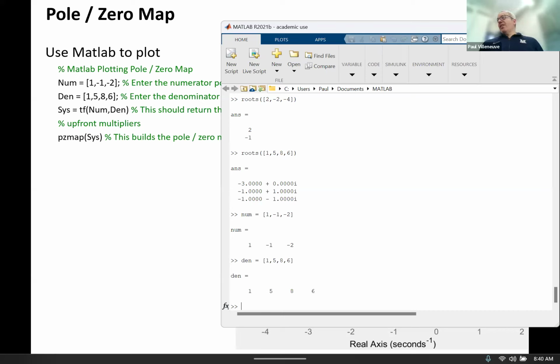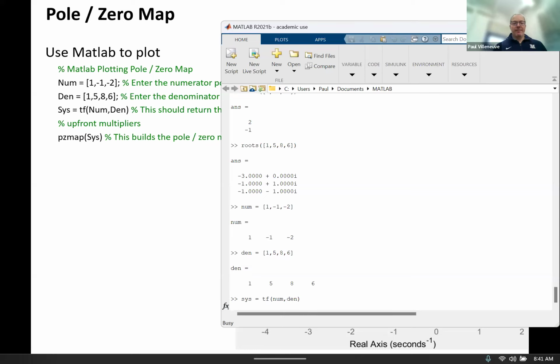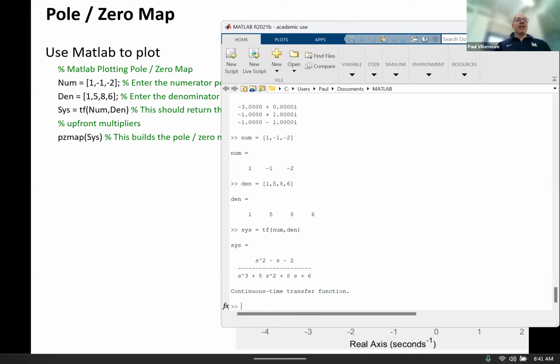Now my transfer function, and I think you actually have to have the linear systems one here to be able to do the transfer function, but I'll define my system and you can name this anything you want. You do a transfer function call. Oops, my parentheses, and then I just pass it the numerator and denominator. And it's going to return the actual original transfer function minus that 2 coefficient that I had up front.